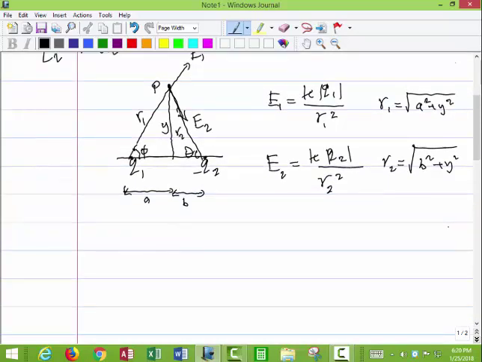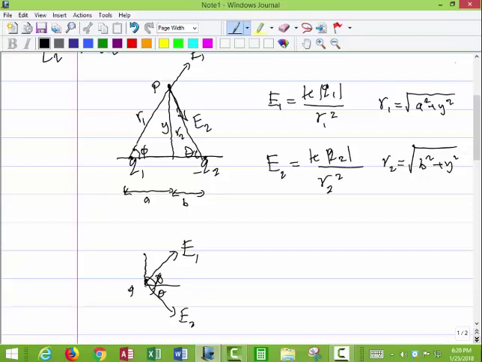So now let's look at the point P itself. This is the point P. So there's an electric field here, E1, and the electric field E2. This angle is phi, and that angle is theta. So we can take the components of the electric field along the x and the y axis.